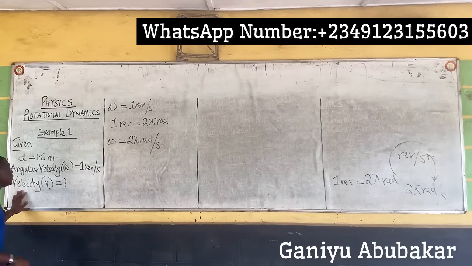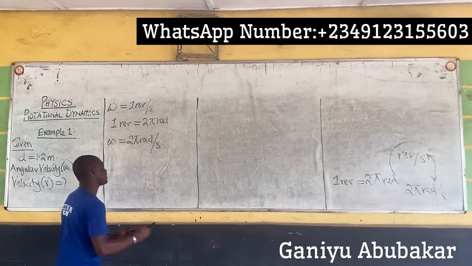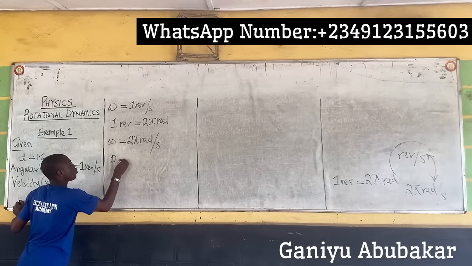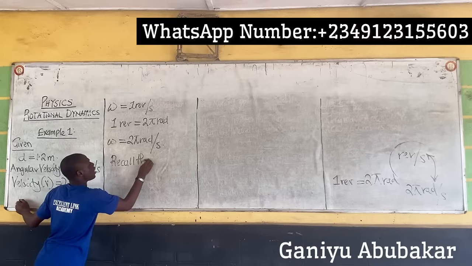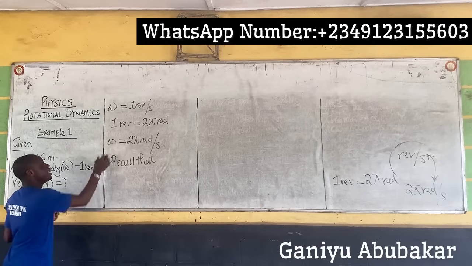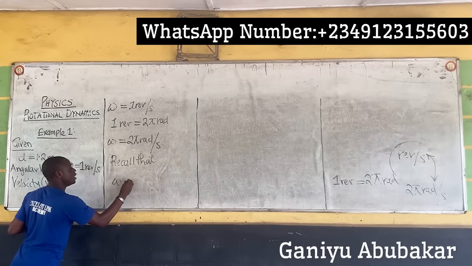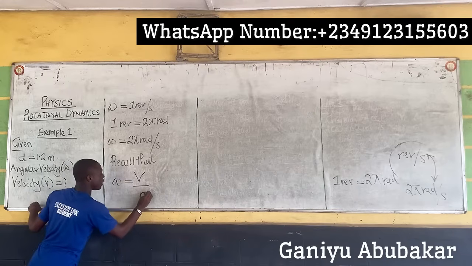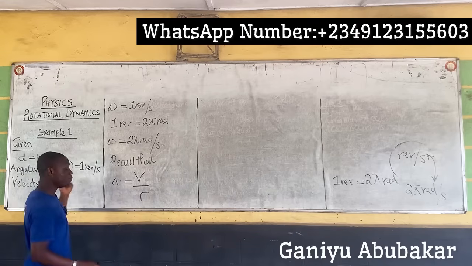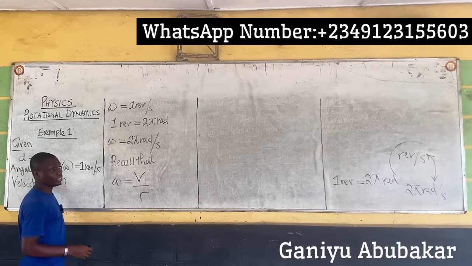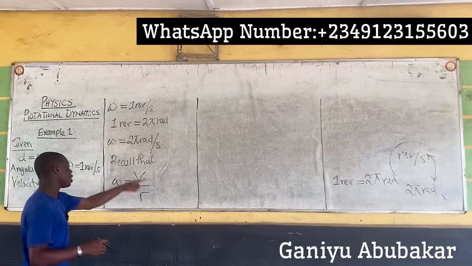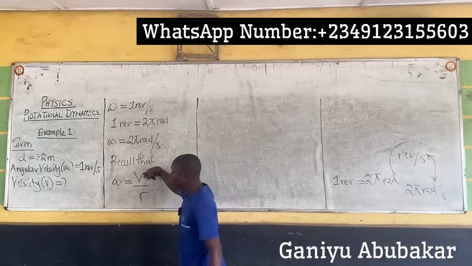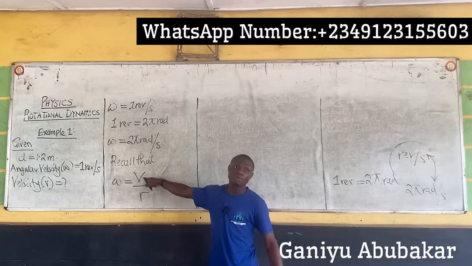So I'm asked to find V, and V is the linear velocity. Recall the relationship I gave you when we discussed angular velocity: omega is equal to linear velocity V all over R. Now I'm trying to look for V, so make V the subject.